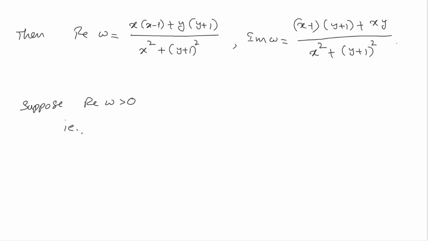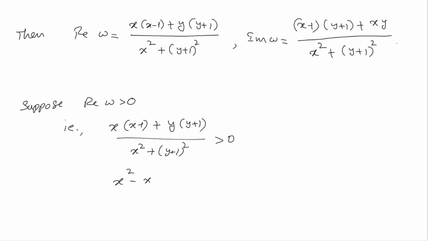That is, x times x minus 1 plus y times y plus 1, divided by x square plus y plus 1 whole square, is greater than 0. So from this we can say x square minus x plus y square plus y is greater than 0.